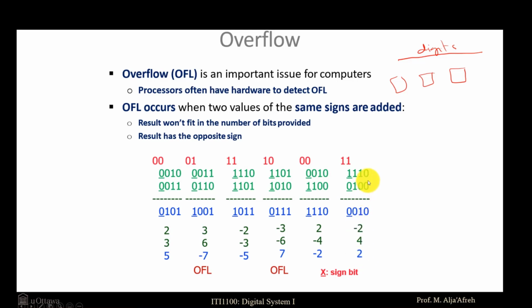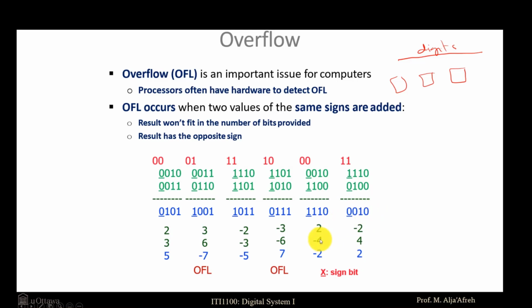Okay. So how is it happening? It's 110 plus 100, and we're going to ignore the carry. That's why we get 0 as the sign bit, and this is 2.